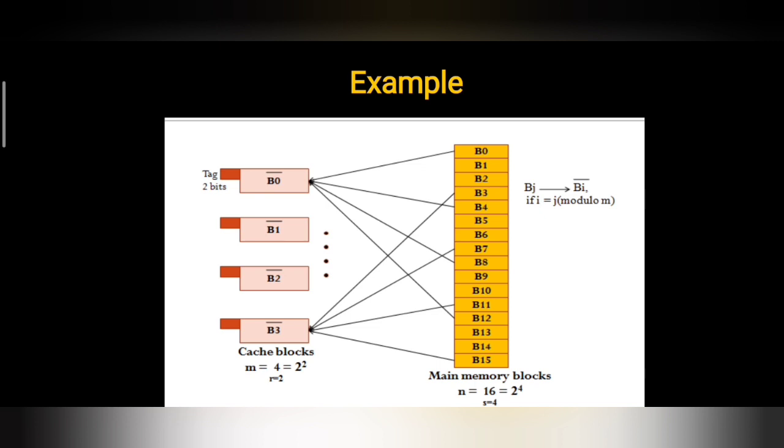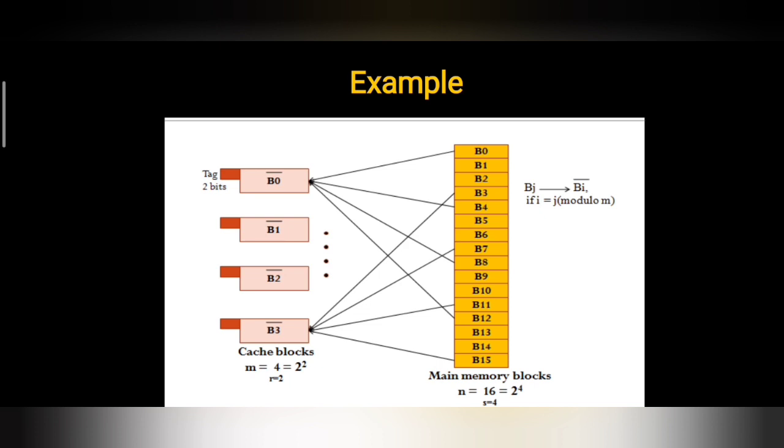Similarly, in the main memory, the total number of blocks denoted by n is equal to 16, which can be written as 2 raised to power 4, which gives s equals 4. Don't forget, I have already told you that n equals 2 raised to power s, which gives s equals 4. Hence, 4 s bits will be used to identify a particular block in the main memory.